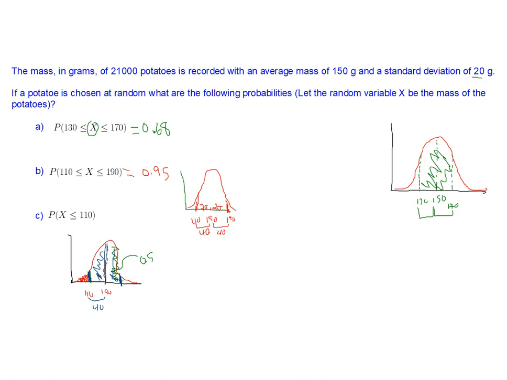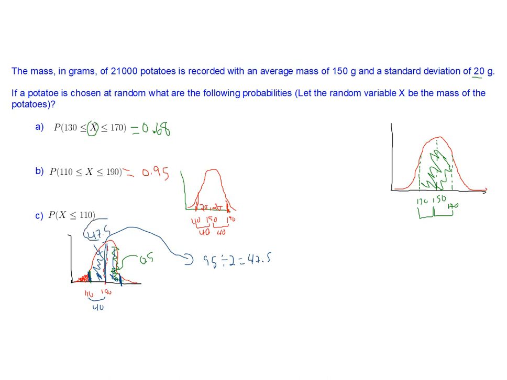So we know that 95% divided by 2, so again, just finding half of 95%, is 47.5. So 47.5% of the data lies right in here, and we know that 50% lies over here.